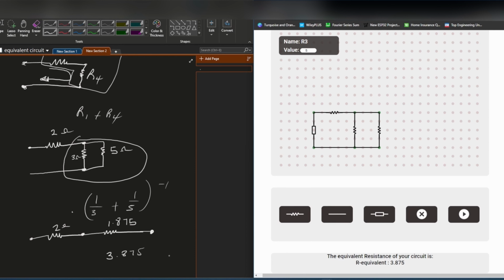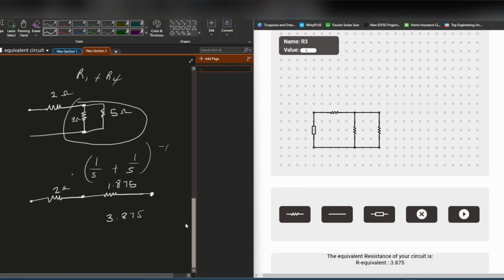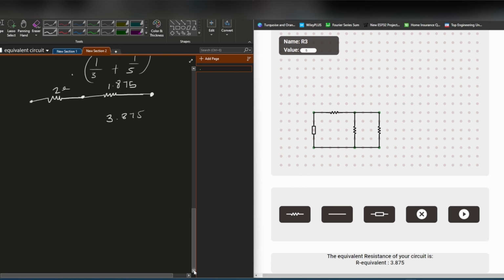And as you can see, 3.857. So there you go. It's not really hard, at least for this case. There are a bit more difficult problems involved with equivalent resistances, but so far these are pretty simple.